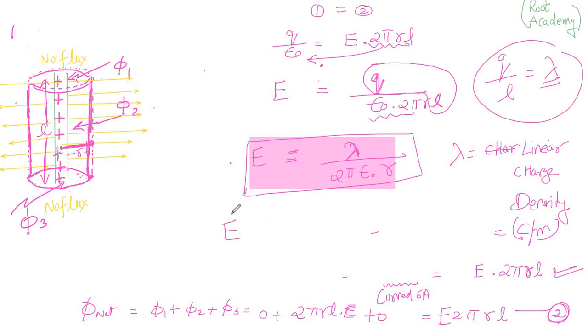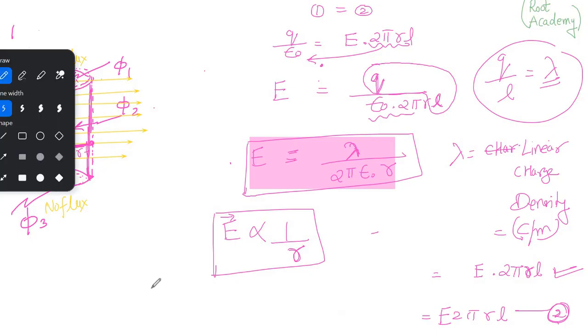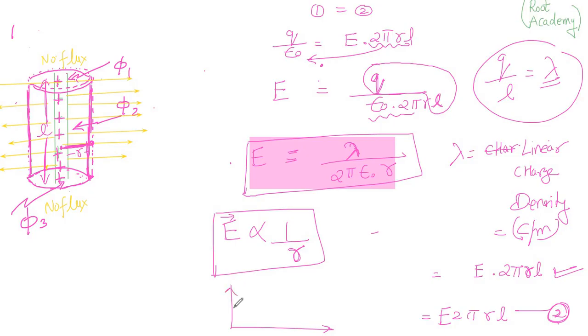Clearly we can see that E is proportional to 1 by R, inversely proportional to R. So the electric field due to a wire is inversely proportional to R. If we want to draw a graph, you can draw E versus R. As we go away from the wire, E will start to reduce, so it will go down like this as we go far.